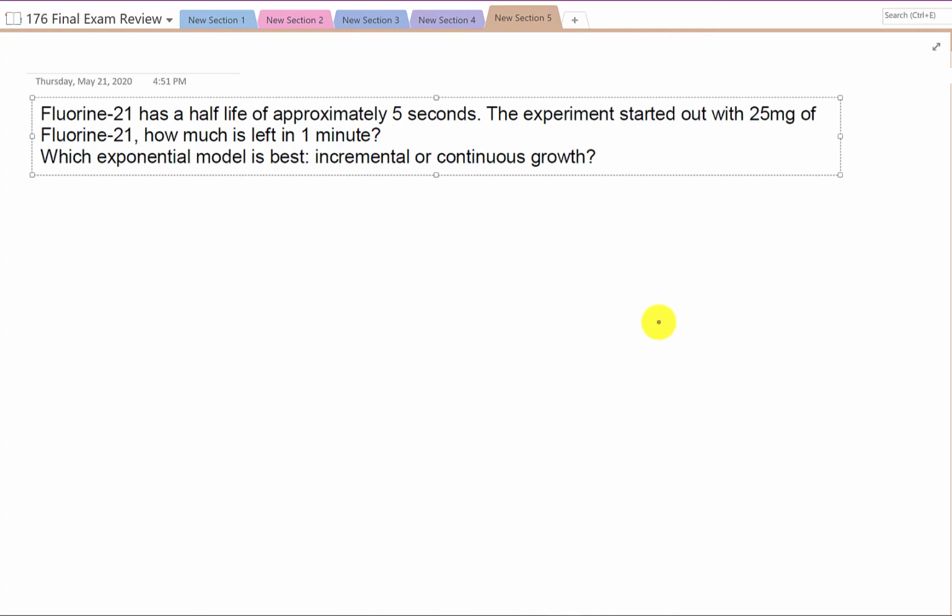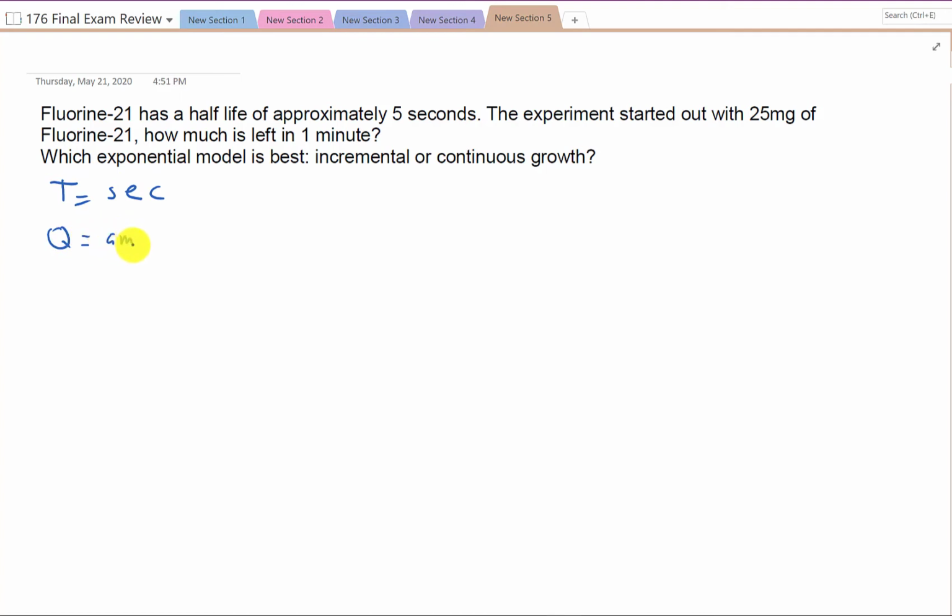So I'm going to define variables for us first. We're going to have t in seconds, and we're going to have q, the quantity or the amount of the F21 in milligrams.